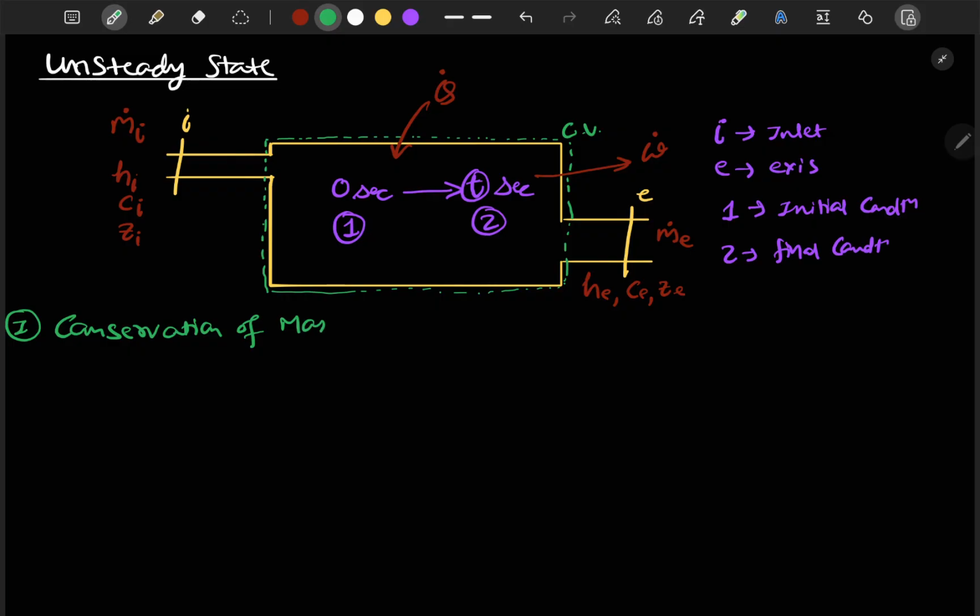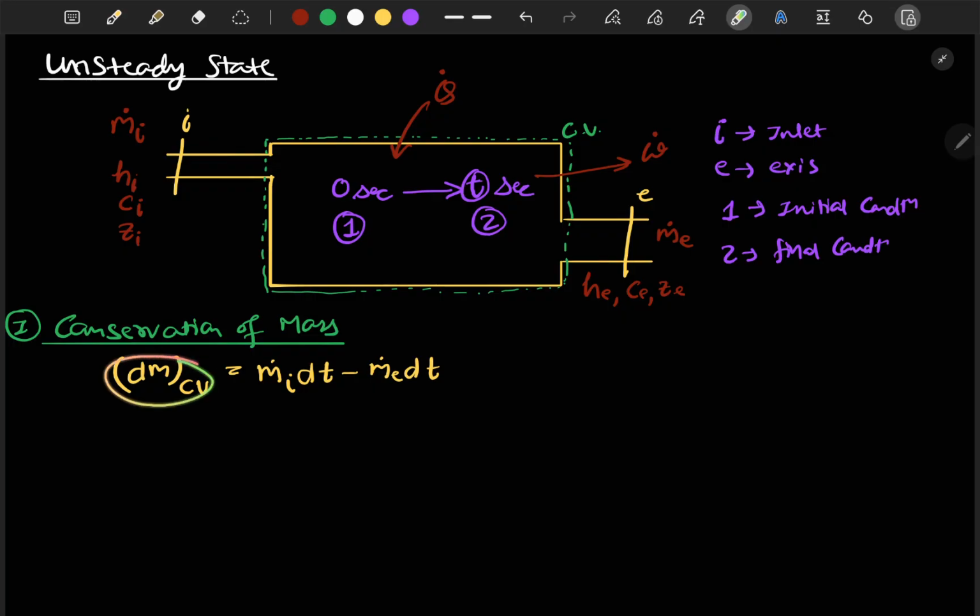We can say that the mass dm in the CV can be written as the entry rate into dt minus the exit rate into dt. So what does dm CV indicate?